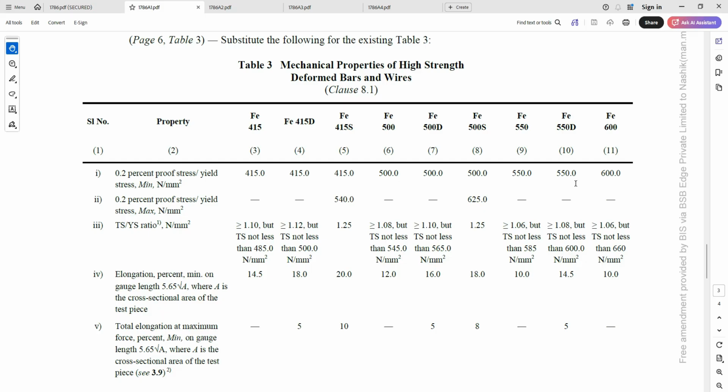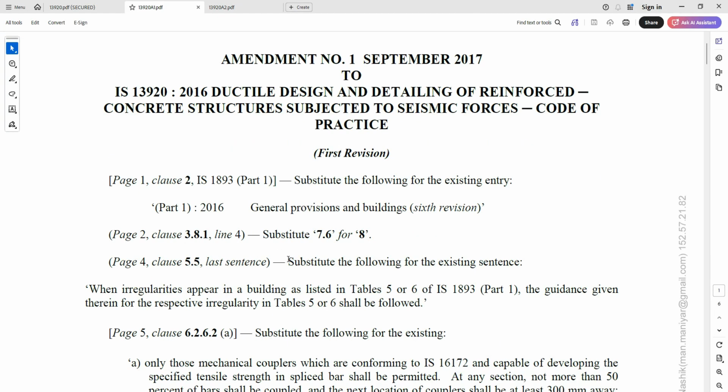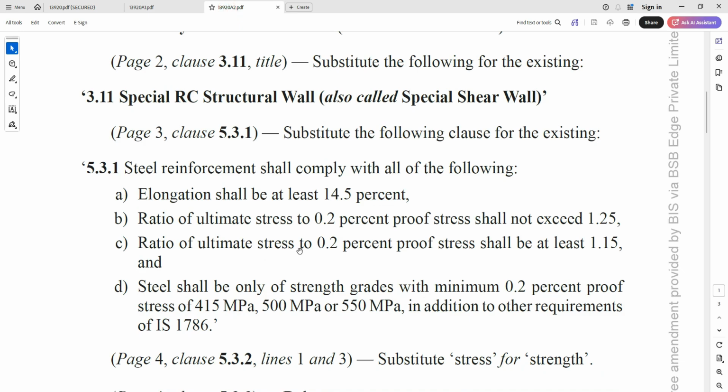Now here if you see, it mentions that it should be greater than 1.06 but not less than 585. And for 550D it is 1.08 but not less than 600. Now if you see what 13920 tells us, the amendment tells us that the ratio shall not exceed 1.25 and ratio of ultimate stress to 0.2% proof stress shall be at least 1.15.